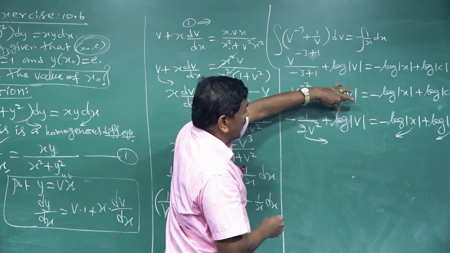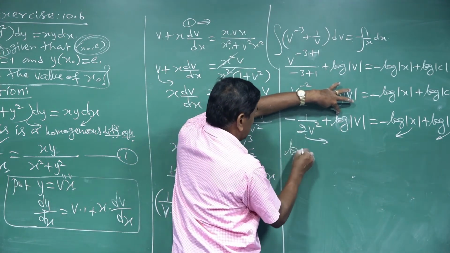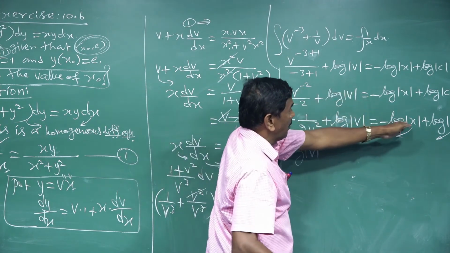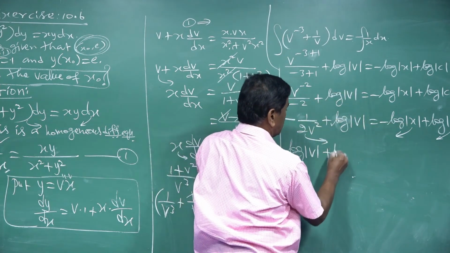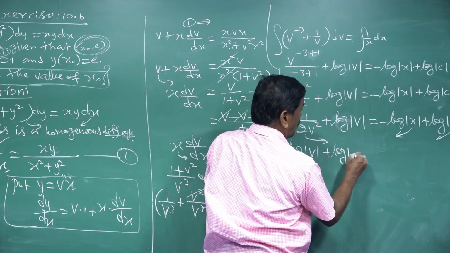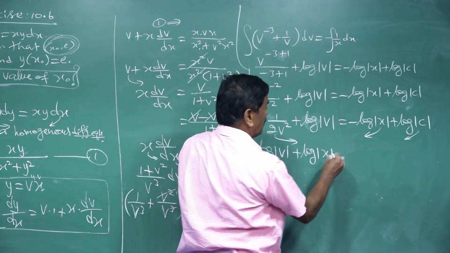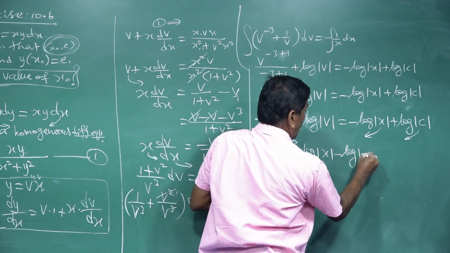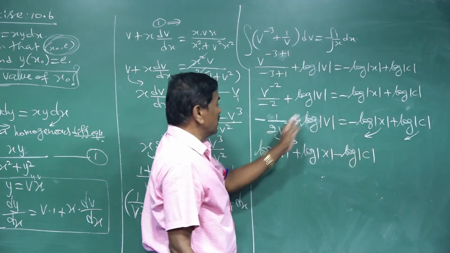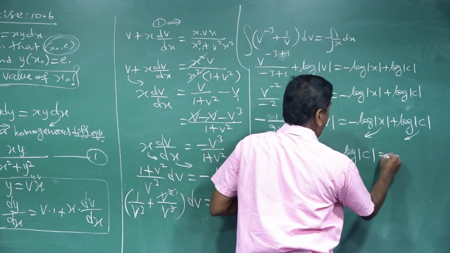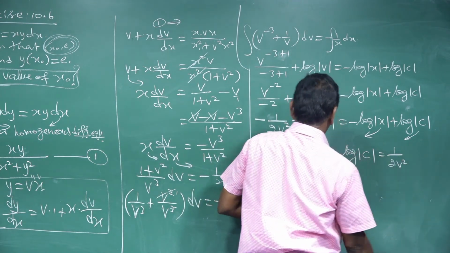Already log v is available on the left side. Listen, log modulus v, minus log modulus x comes to the left side, so plus log modulus x, and log c comes to the left side, that means minus log modulus c, which is equal to 1 by 2v square.